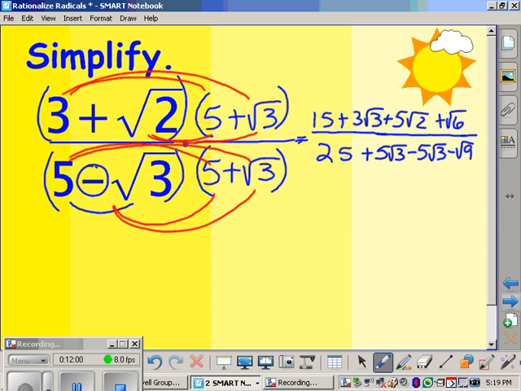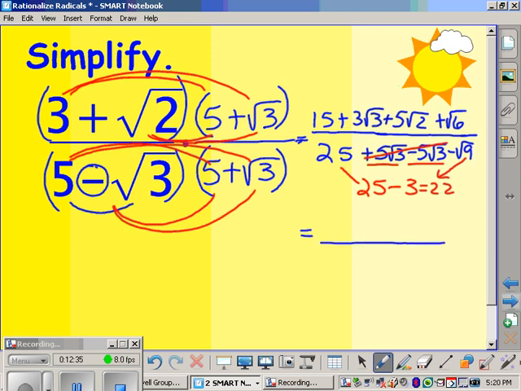So let's see if we can simplify the denominator any further. Well, we can see we have like terms, and positive 5 radical 3 minus 5 radical 3 equals 0, so that cancels, removing at least those two radicals at this point. What we have left is 25 minus, and then radical 9 is a perfect square, so it would be 25 minus 3, which equals 22. So our denominator will only have 22 in our final answer.